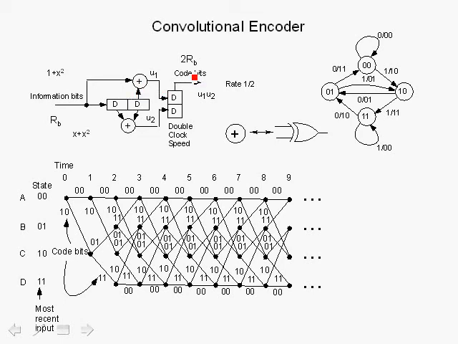So every bit actually depends on the previous information bits, and in fact it is this fact that the convolutional encoder introduces redundancy that depends on previous information bits that results in its powerful error correction coding capabilities.